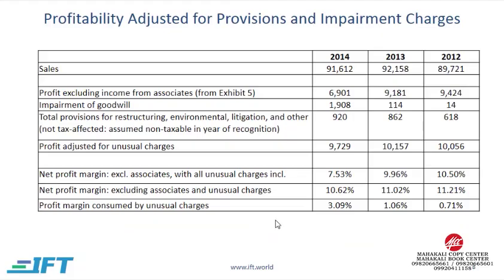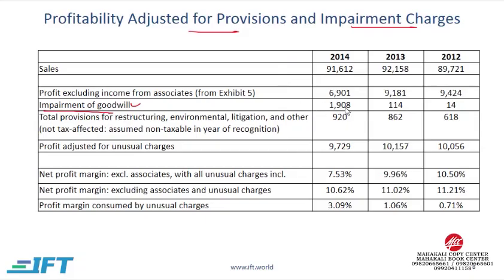All right. Then we also need to look at adjustments or provisions and any impairment charges. So the net profit margin in 2014 was quite low. So the analyst now wants to understand why that profit margin came down. So when he started looking at the annual reports, he noticed that there are several goodwill impairment charges.